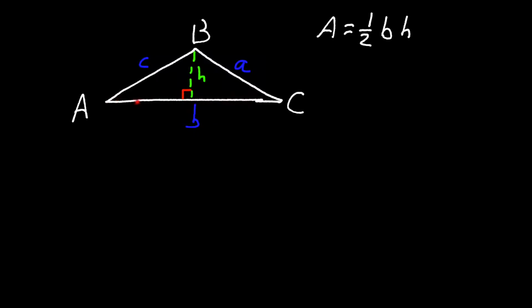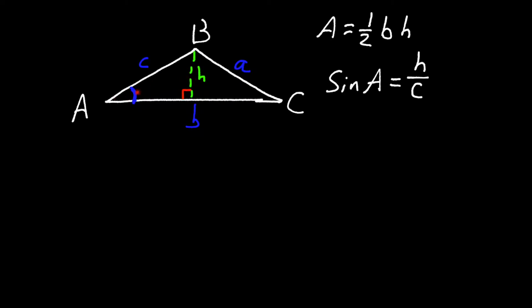I don't know what this portion is, this little piece from the angle A all the way to the green line, but I know this line is C, this is the height, and as long as I know the angle right here, I have a trig identity. I have the sine of angle A is equal to h over c, opposite over the hypotenuse.